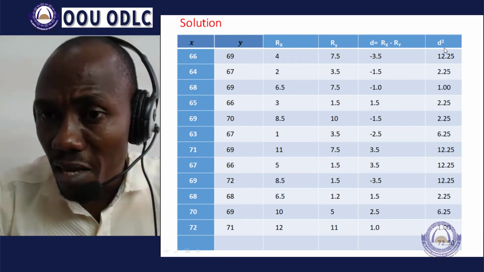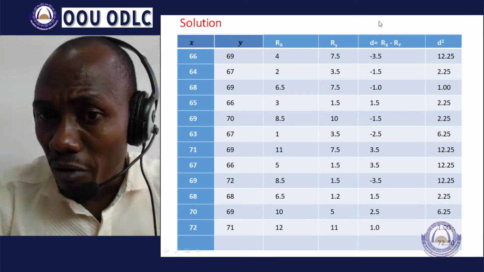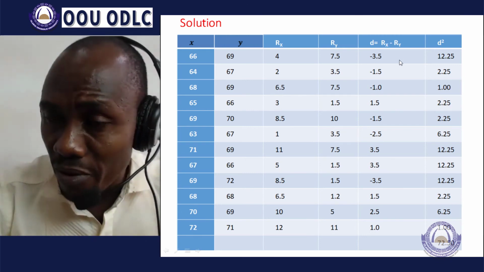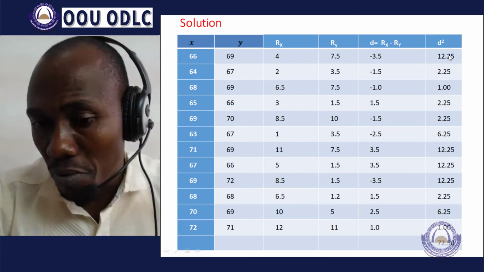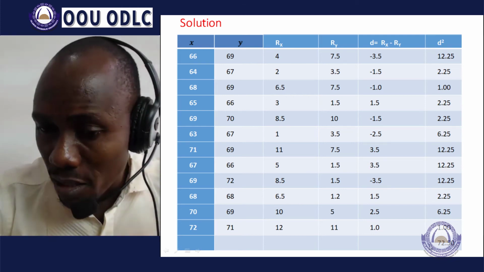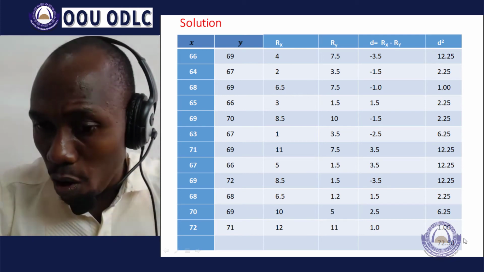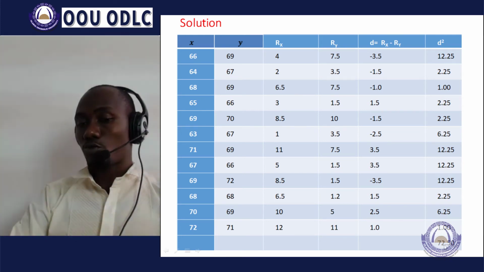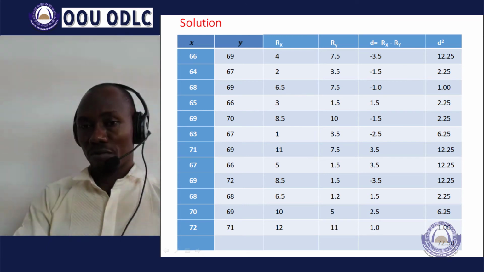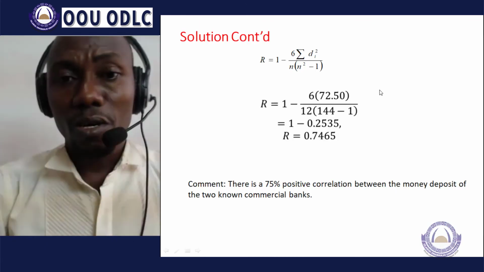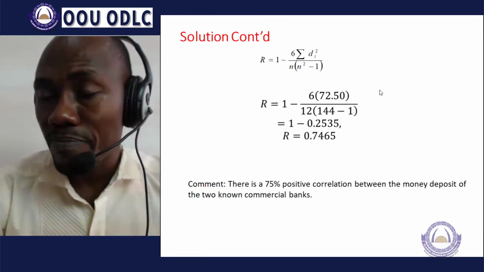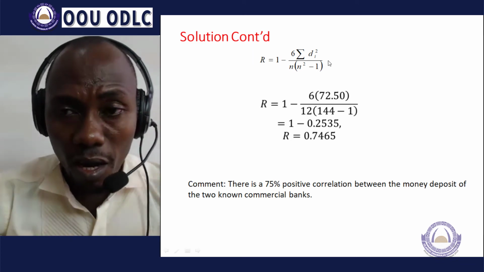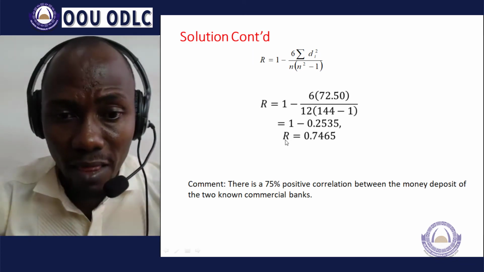In the last column, we obtain the square of the difference of the ranks obtained in the previous column. And finally, we find the summation of the squares of these differences to be 72.50.